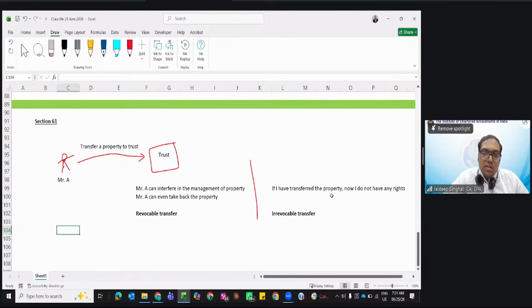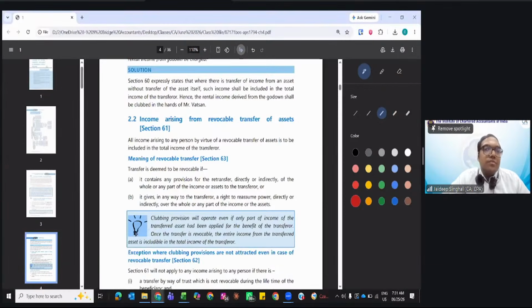Now, see the book. Section 61: all income arising by virtue of a revocable transfer is included in the total income of the transferor.